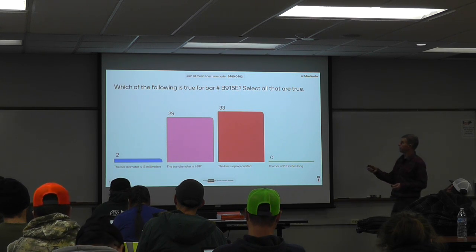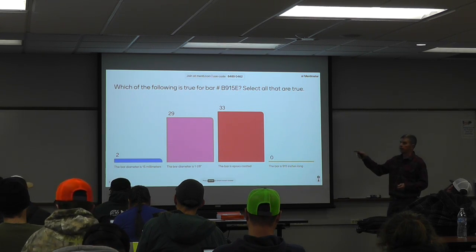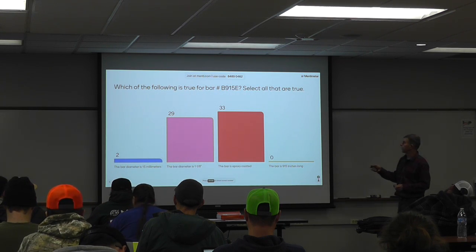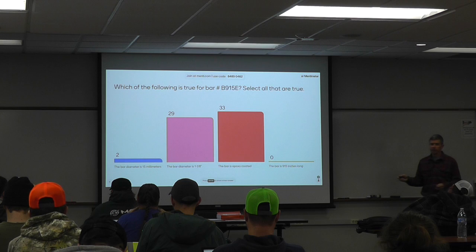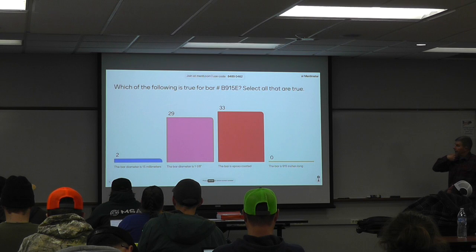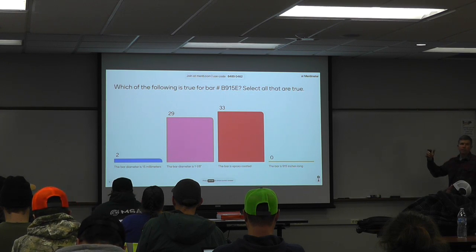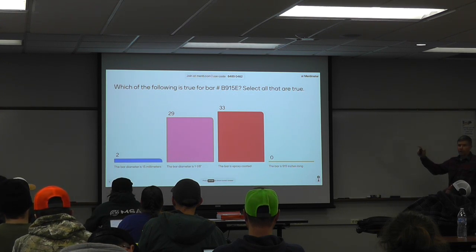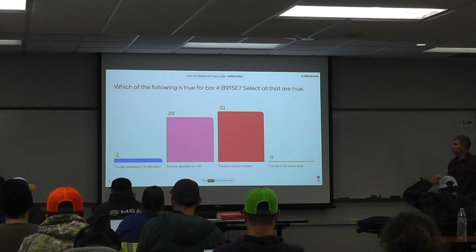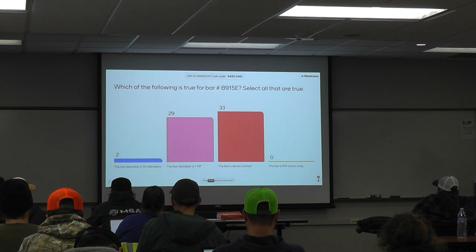You know that because of that first number in there, number 9. The bar is epoxy coated. We know that because there's an E at the end of the designation. And the bar is 915 inches long. No, we don't know anything about the length of the bar from that number. We have to look in our bar bending chart to see what that is. So the middle two are correct.